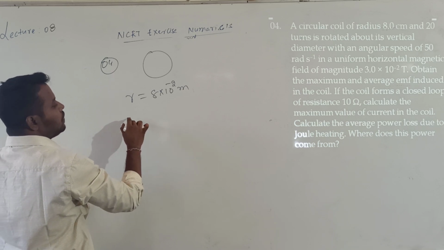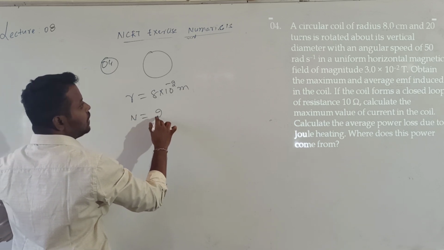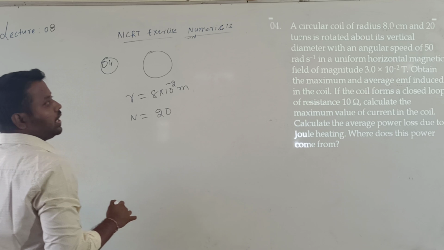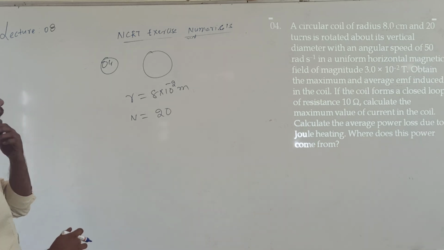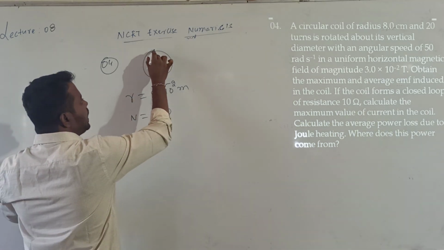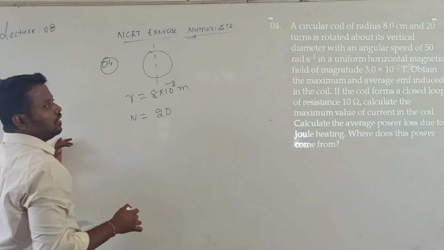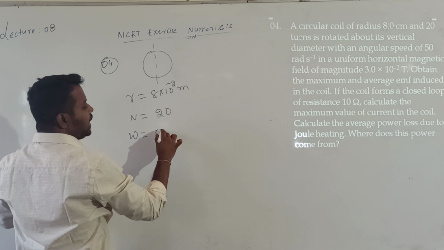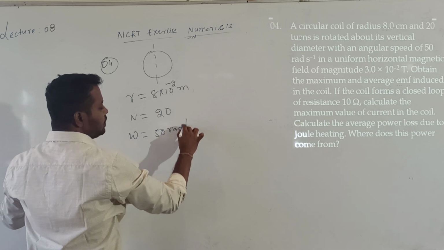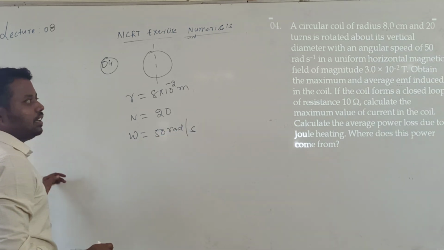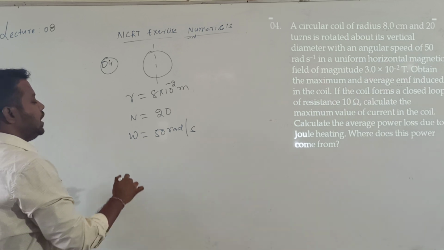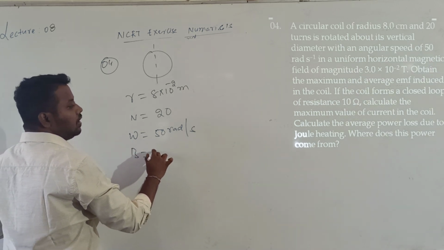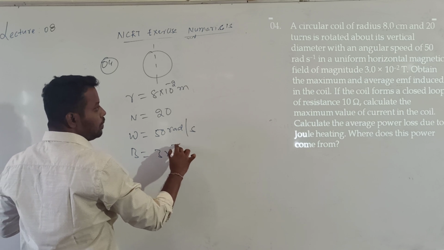The number of turns is 20. It is rotating about its vertical diameter. This is the diameter. The angular speed omega is 50 radian per second, in a uniform magnetic field of value 3 into 10 power minus 2 Tesla.